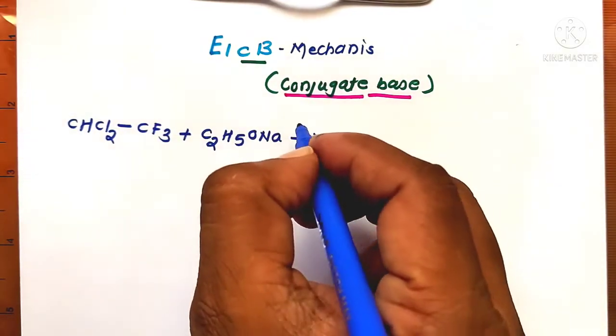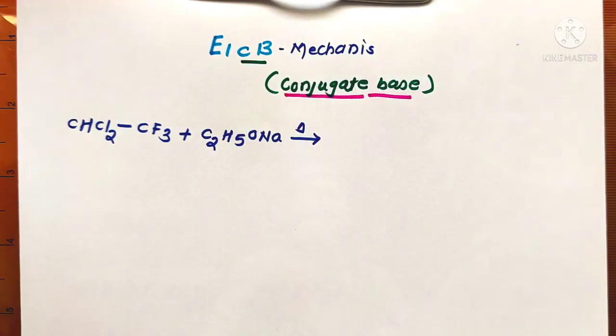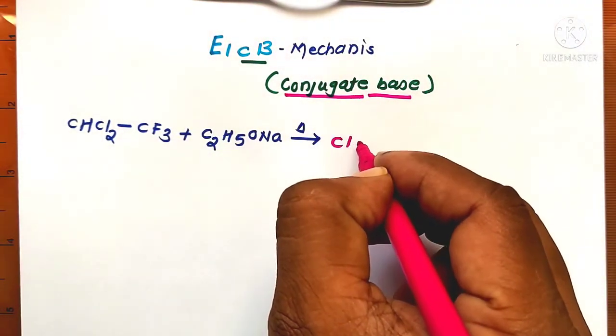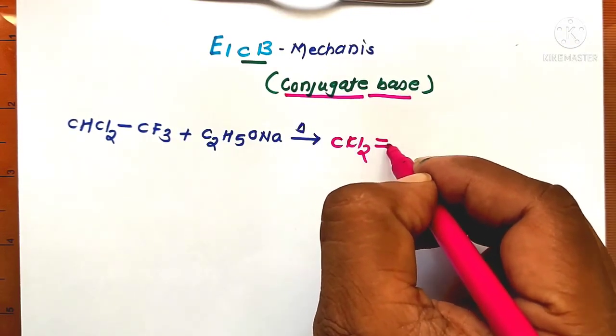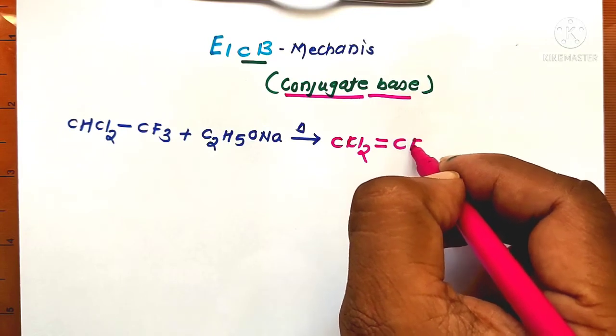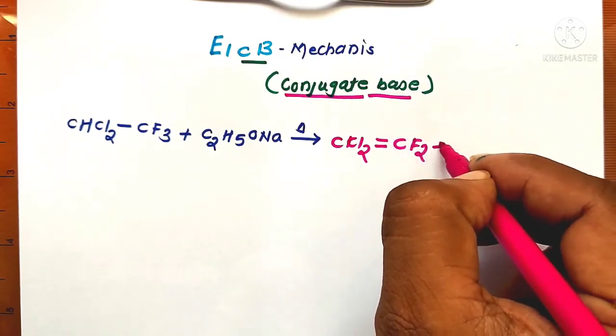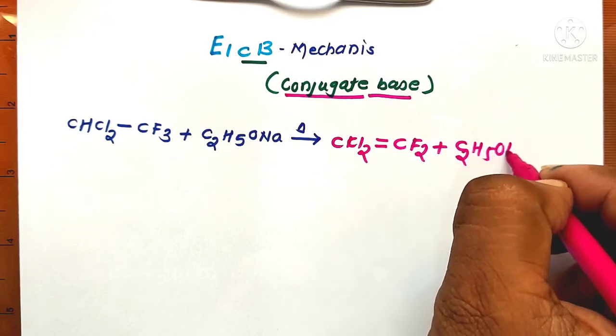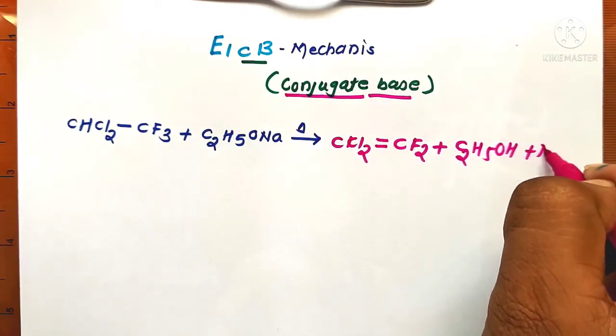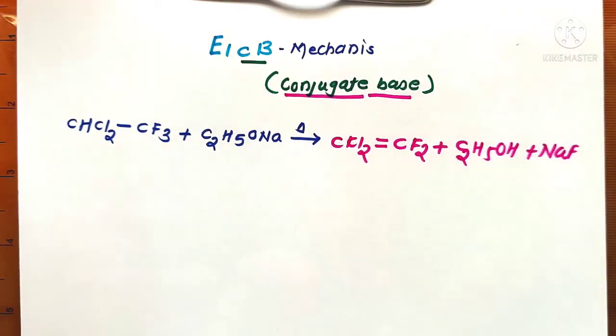Here this reaction proceeds with heating to form Cl2 double bond CF2 with the elimination of C2H5OH as well as NaF.